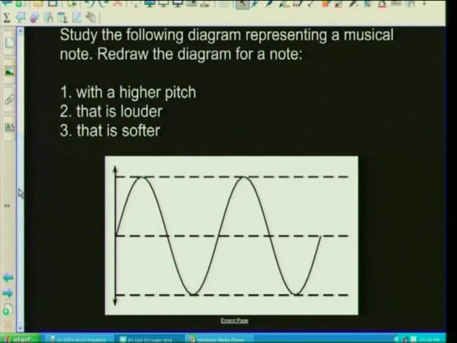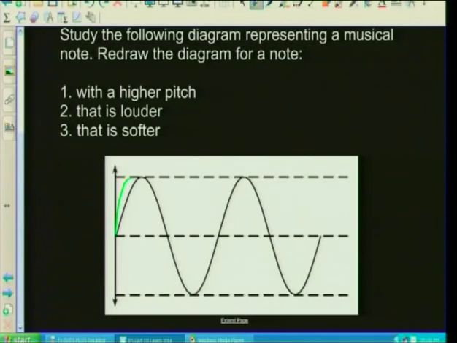Higher pitch means higher frequency. Frequency means that here I've got two waves in this time frame. I need to make sure that now there's more waves in that time frame, but the amplitude must stay the same. So when I draw this in, let's do this one in green. The amplitude of the wave is going to be the same as the one I've got now. Can't change.